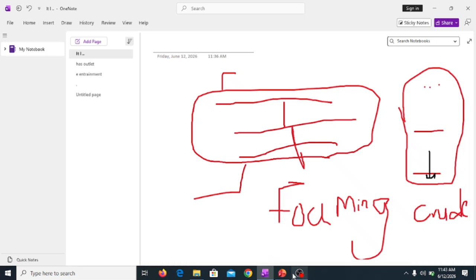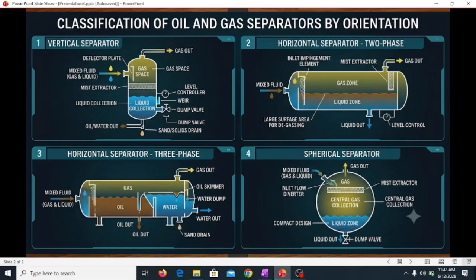So when you get to the industry where you see a vertical separator and a horizontal separator, you should know why they are using a vertical separator here, and why they are using a horizontal separator there. Again, one thing we should also know is that a vertical separator does not take too much area.